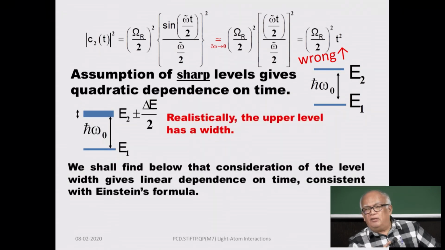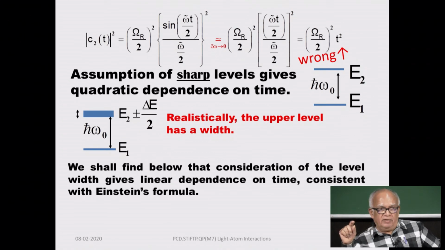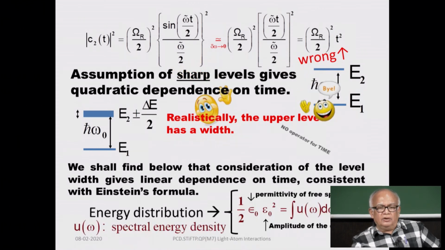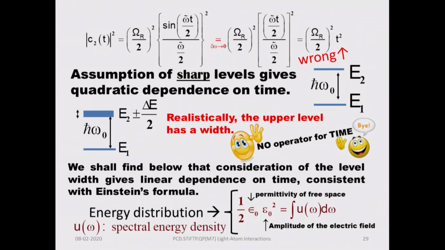And the reason we got it wrong is because we ignored the width of the upper level. Okay? So, when we factor that in, we will get the right result, which we will work out now. All right? So, this width has to be taken into account, and when we do that, we will get a result which will be in agreement with Fermi's golden rule, but that is for the next class.